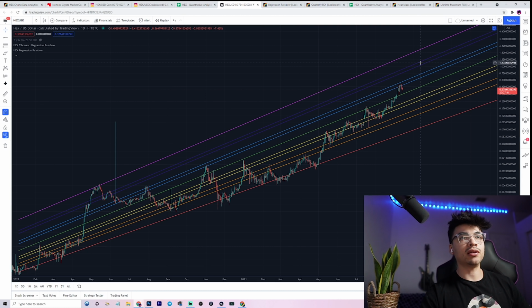And that would correspond to something like this over here, right? $1.30 HEX, October 19th. It would correspond to something like that. Maybe we come here to green, consolidate a bit, and then rally up into the purple and have a HEX above $1 in October. That would be really, really cool, right? So maybe it doesn't hit pink, maybe it does, who knows?